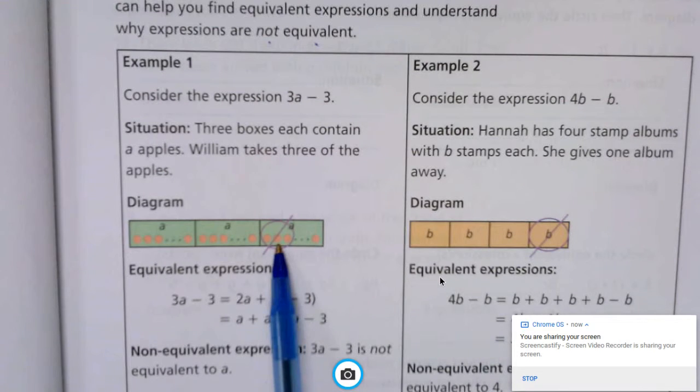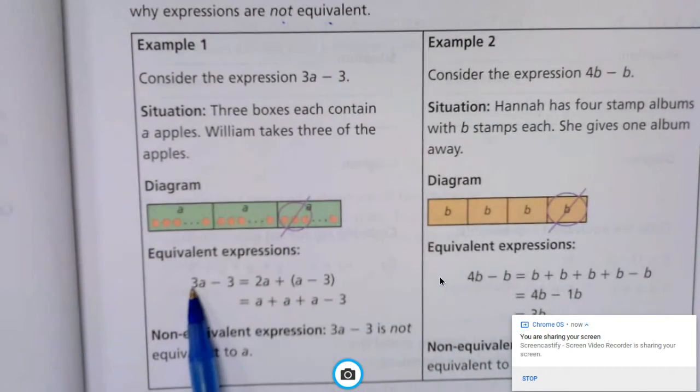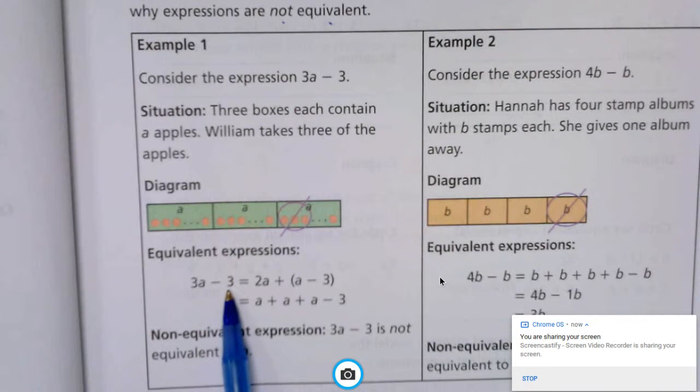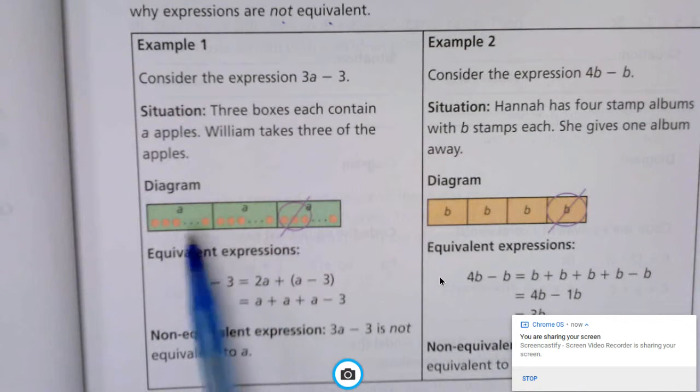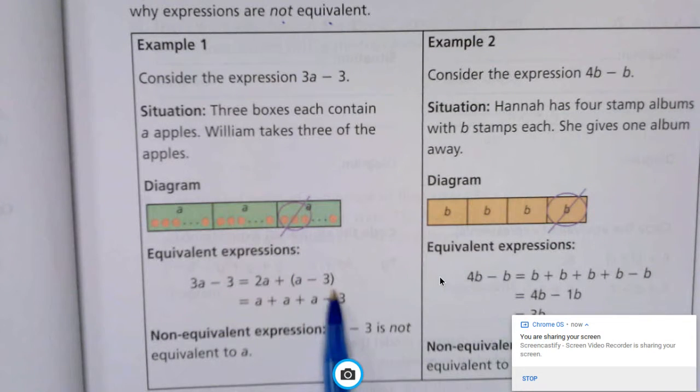If William takes 3 of them, it could be expressed this way: 3a, so 3 times a, take away 3 is equivalent to 2a, so 2 of these, plus a minus 3. So 2a plus 1 of those a's, with 3 subtracted from that. It's also equivalent to a plus a minus 3.